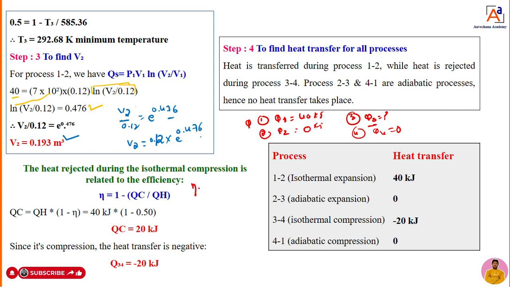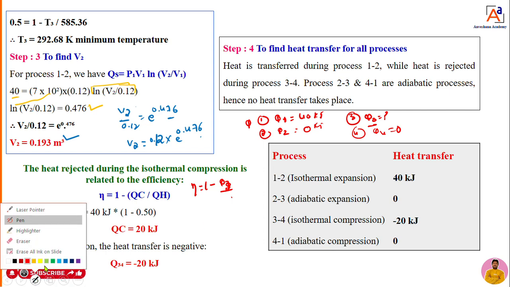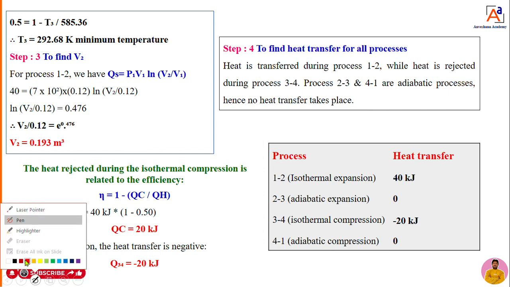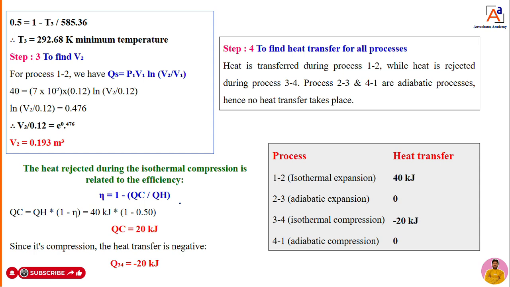Now how to calculate that q3? We know the equation: efficiency is equal to 1 minus heat rejected divided by heat supplied. So the Carnot efficiency is equal to 1 minus heat rejected divided by heat supplied.